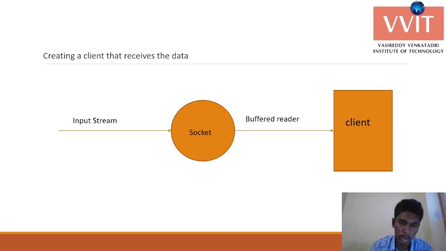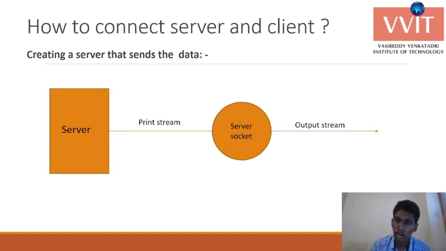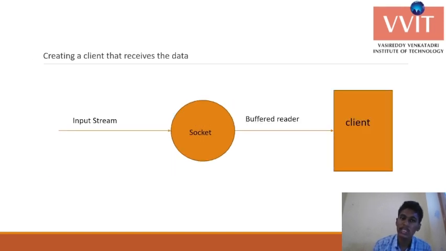We use an input stream, and the socket takes the input data from the server socket and reads the data from the server socket into the client. This is how communication between server and client happens. Let us see an example so that we can understand easily.